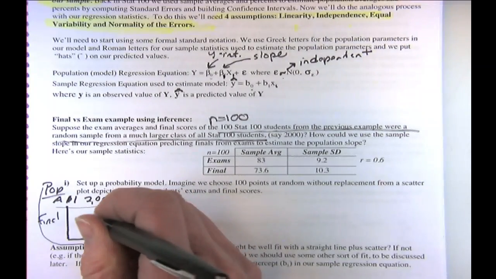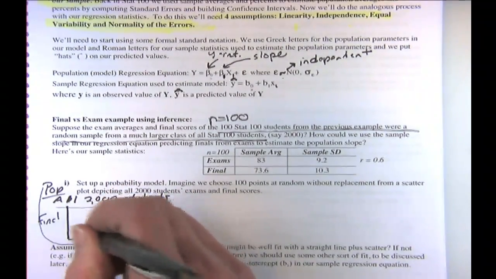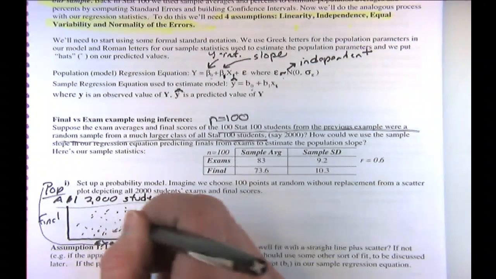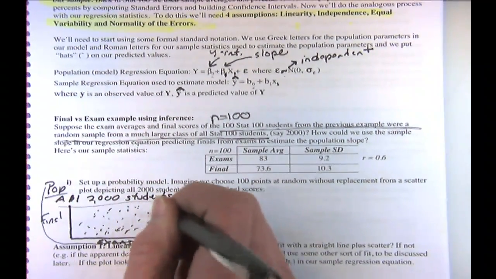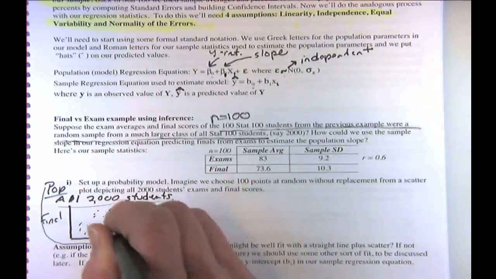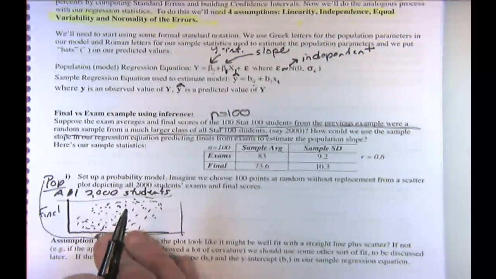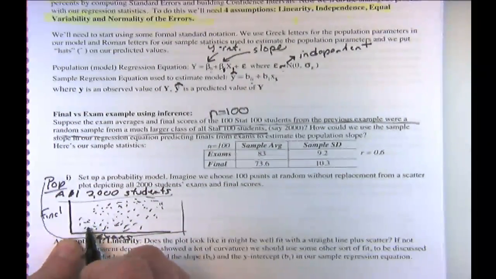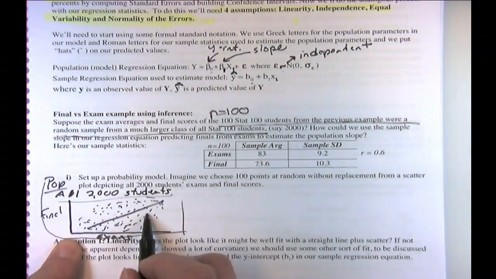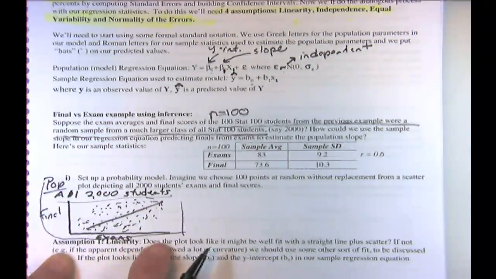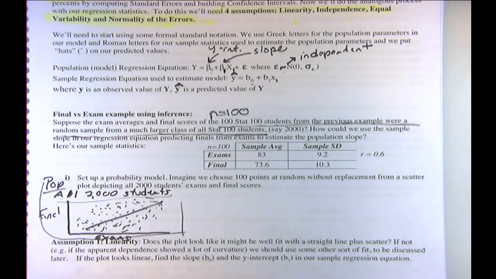I'm not going to draw all 2,000 of them, and we don't know what it looks like, but where do our assumptions come in? First of all, we don't see this, right? We're assuming it's linear in here, meaning that you can see there's a trend here. It's linear, we can best fit this with a line, as opposed to, what if they look like this?